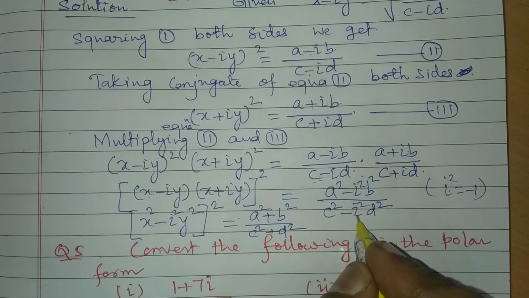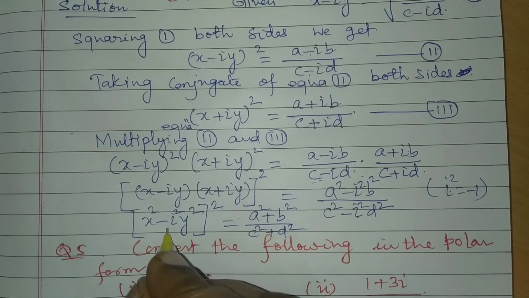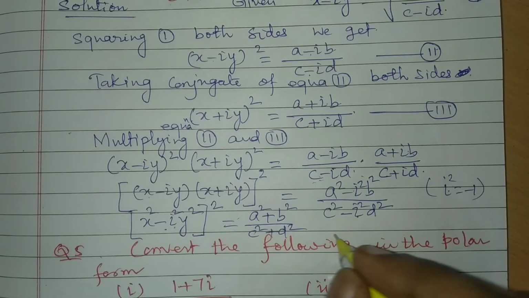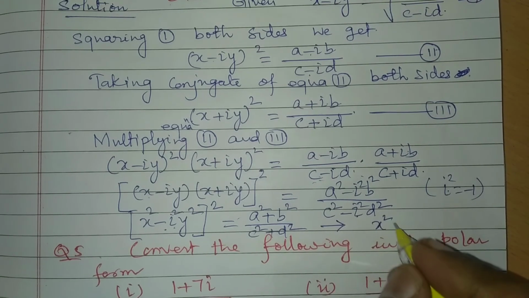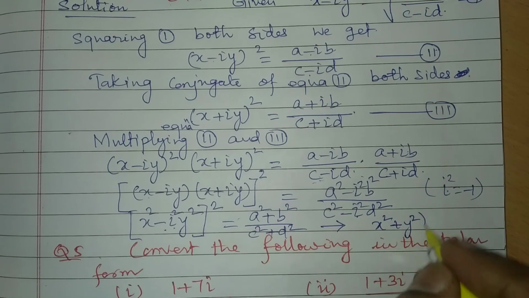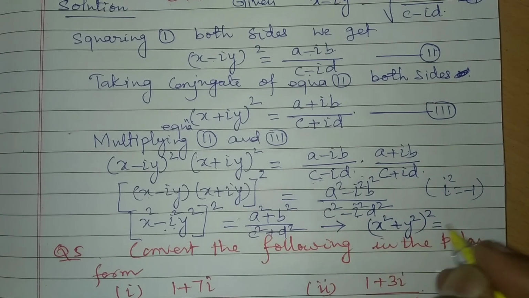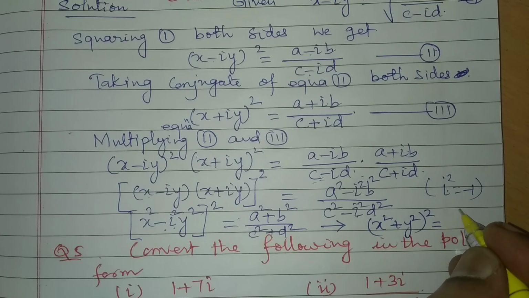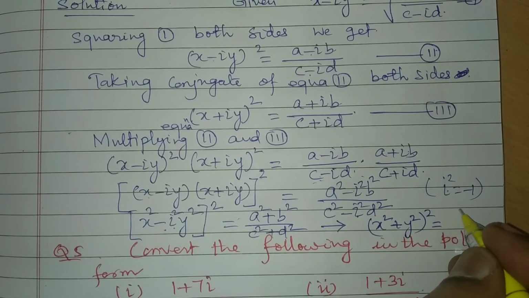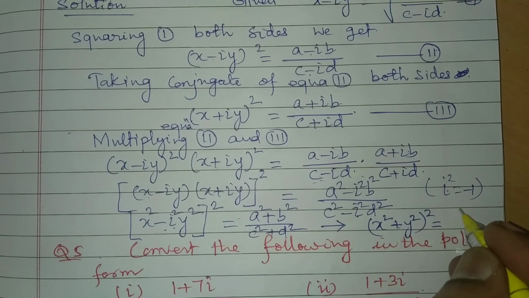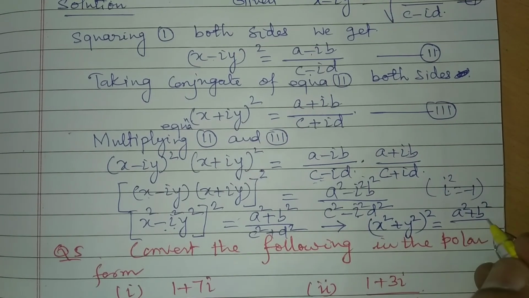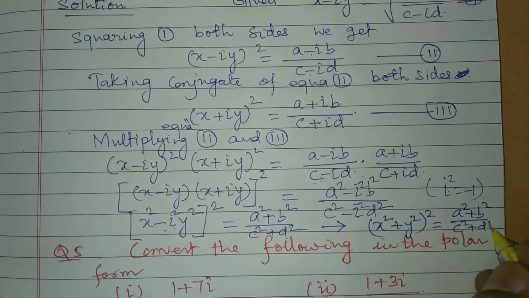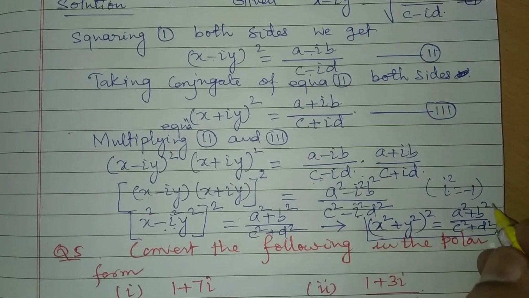Iota square is equal to minus 1, and here if you put minus y square, i square is equal to minus 1, then it will come to x square plus y square whole square is equal to a square plus b square by c square plus d square. So this is to be proved.